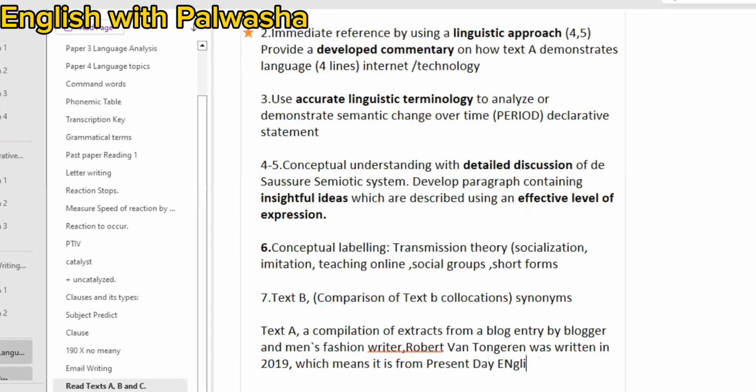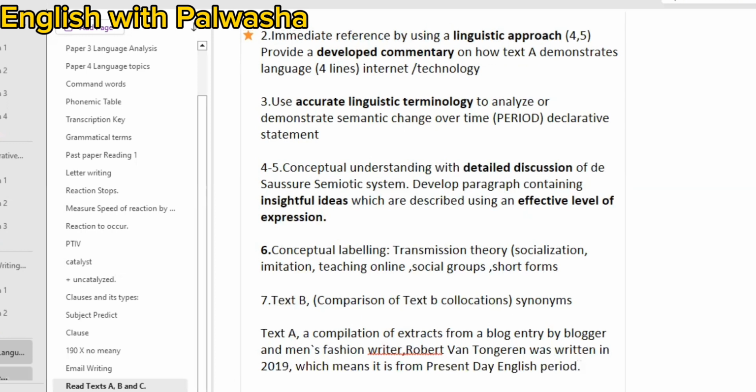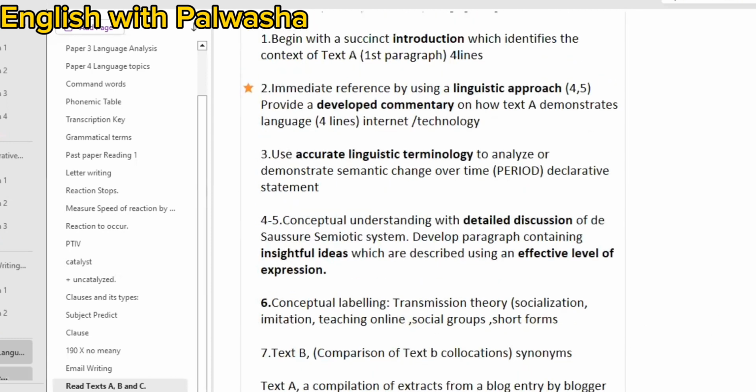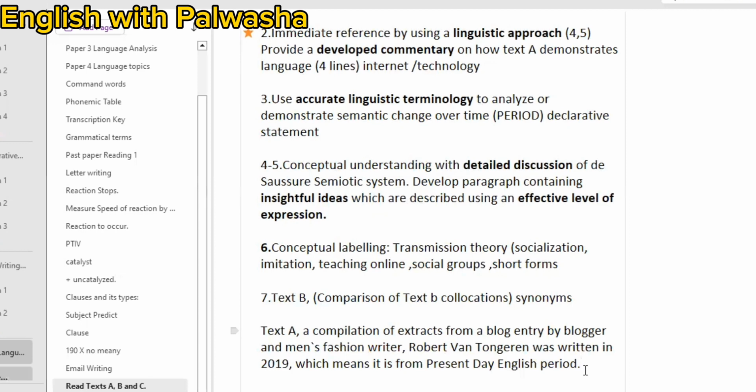So this is going to be the introduction. I have provided you with the introduction, and you are going to follow the introduction, and then you're going to create all the text. After that, you have to follow in each paragraph the same thing which I have explained to you.